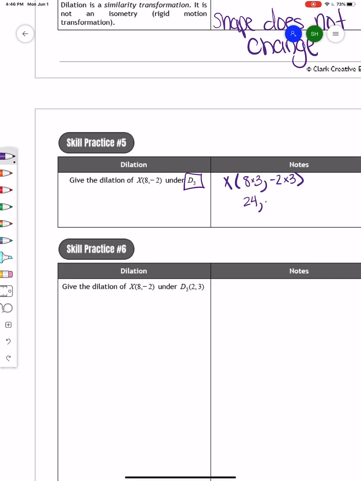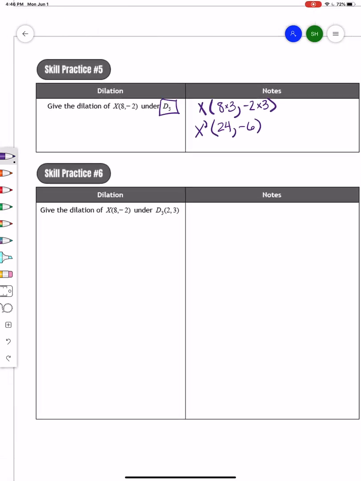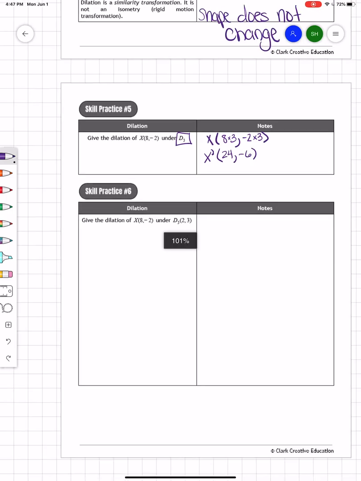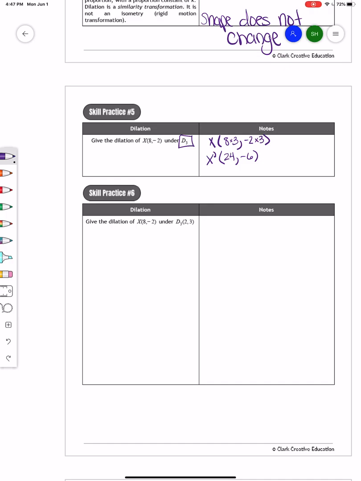Negative 2 times 3 is negative 6. This would be your x prime. Okay? So remember, it's just your xy, to c times x, c times y. Okay?